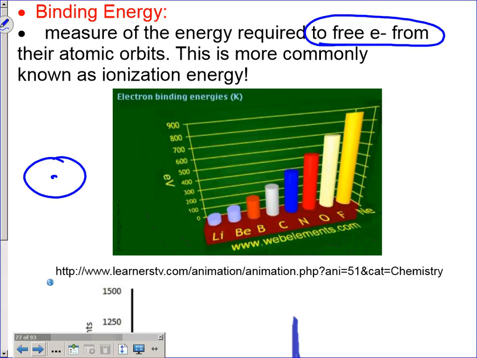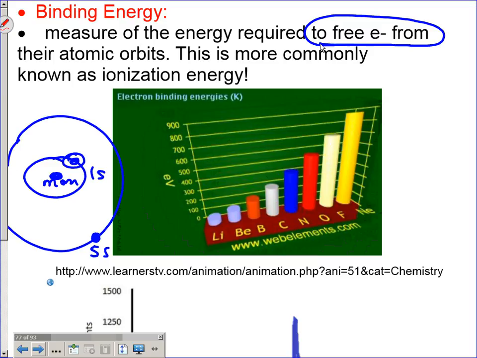If this is mom and this is me on my first energy level, or me in my later years on the 5th energy level, which electron do you think is going to require more energy to become free? Why? Close to the nucleus. It has less energy already. It takes more to break the attraction.